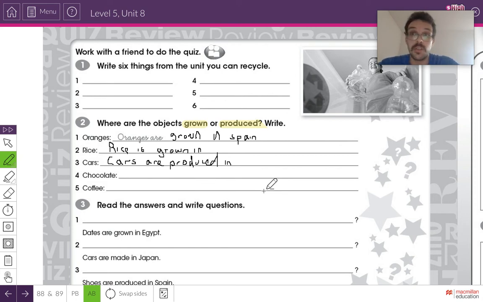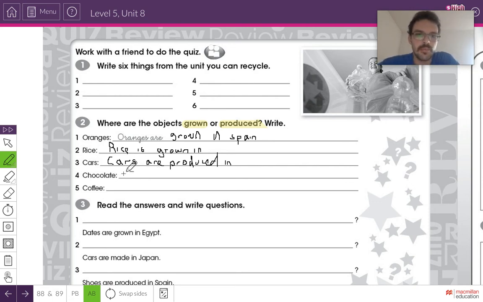Where are cars produced? Okay, multiple correct answers. Let's have a look at the others.